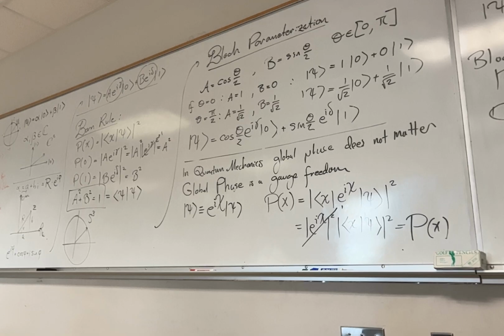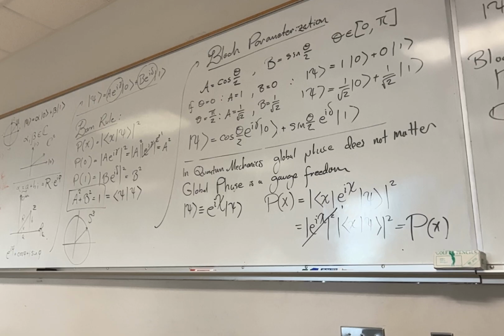Okay. Now we're going to plot some notable states. Okay, so where do I want to put this? We've already said that if theta equals 0, we get what state?